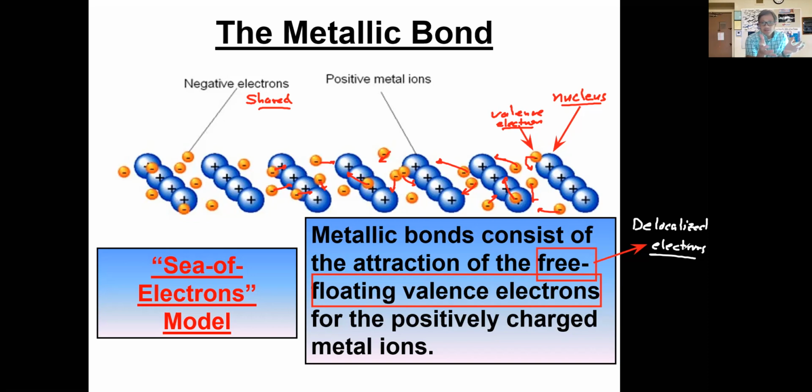But that explanation doesn't hold water. It doesn't work unless there is evidence that we can observe to support it. Okay? So is there evidence at the macroscopic level that we can observe to possibly support this idea of a sea of electrons, or this idea of delocalized electrons? And there should be. Just like with ionic bonding, we were able to obtain evidence to show that ionic bonds do exist.